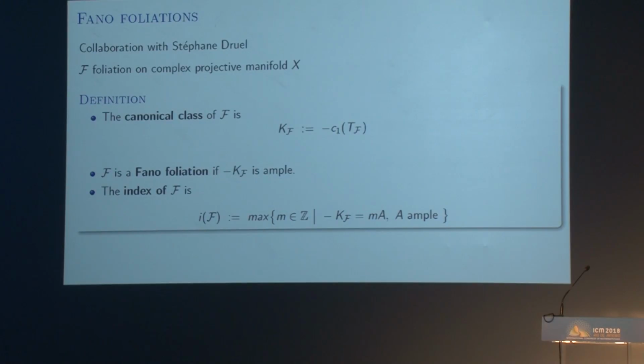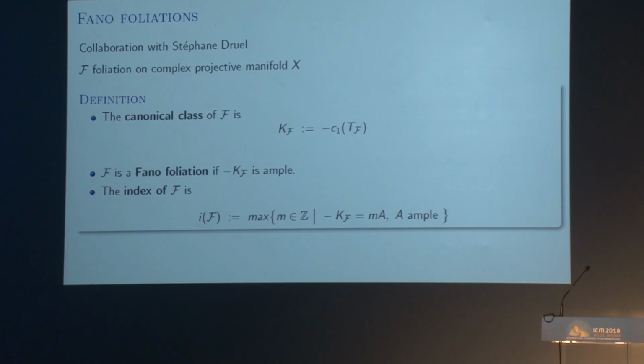And in this case, one can define the index of the Fano foliation as the biggest integer that divides the anti-canonical class in the Picard group of X. The first thing that we notice is that it's very easy to see that the index cannot be arbitrarily large.